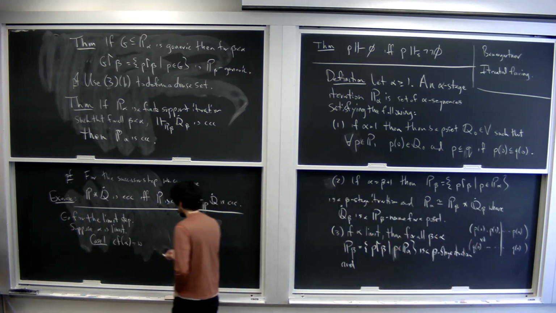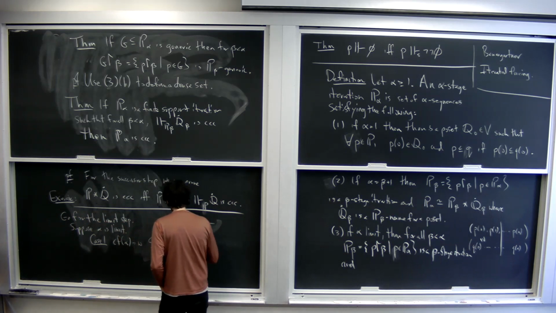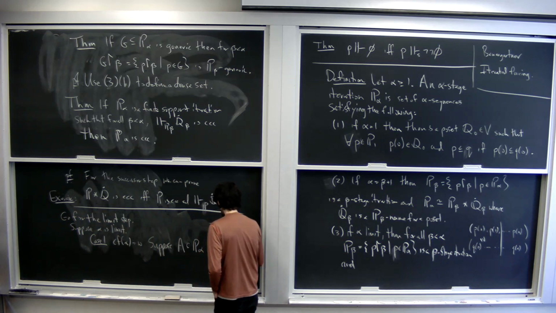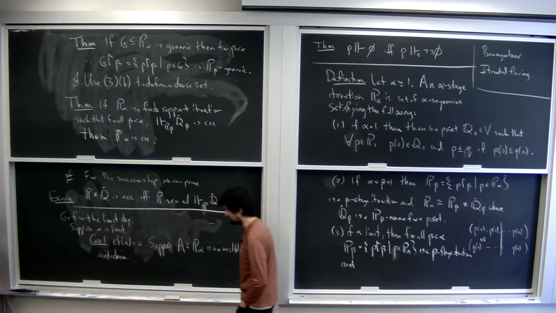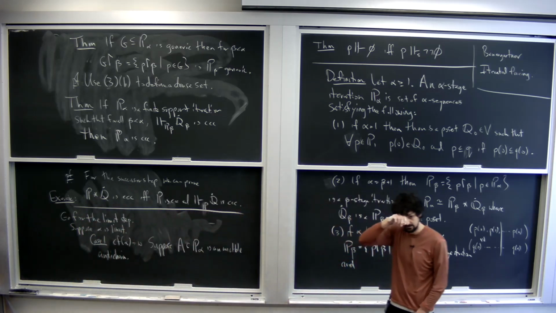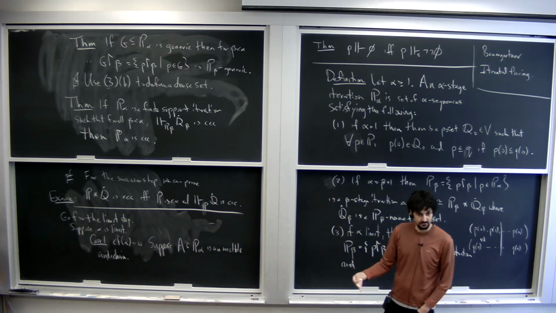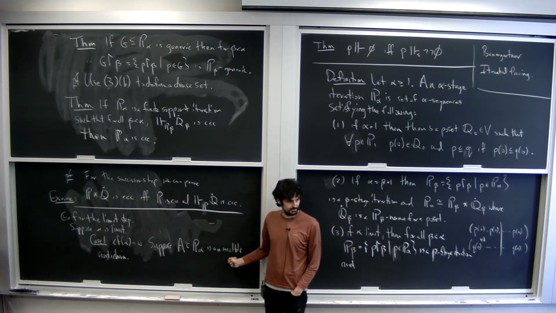So suppose that A contained in P alpha is an uncountable anti-chain. But the supports are finite, right? So each condition in the anti-chain has a bound on its support. And that must mean that uncountably often you repeat the same bound on the support.